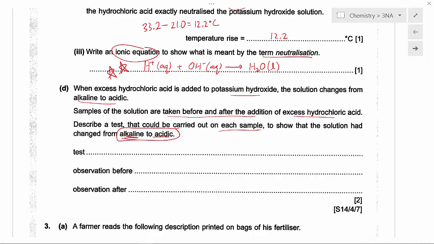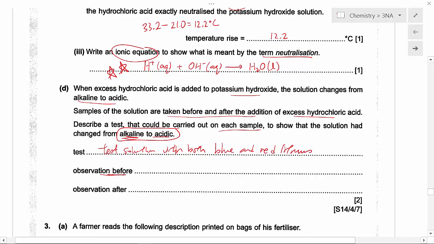It is blue in alkaline and red in acid. You don't need to remember all the different indicators, just remember litmus paper. So test the solution with both red and blue litmus paper.